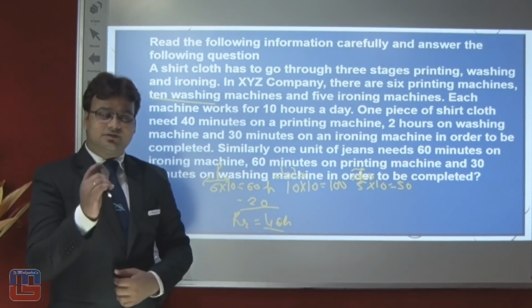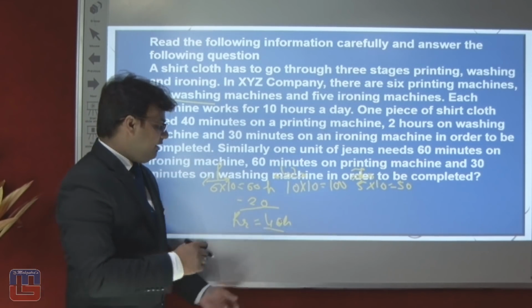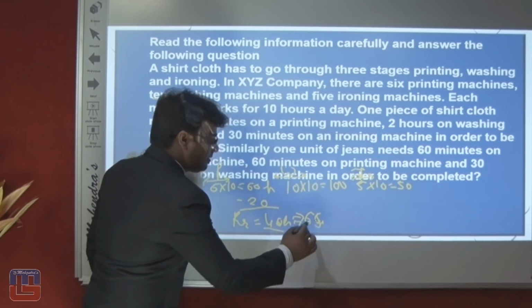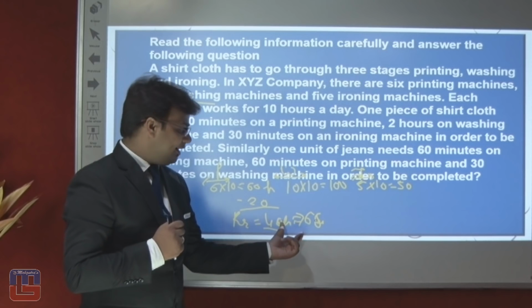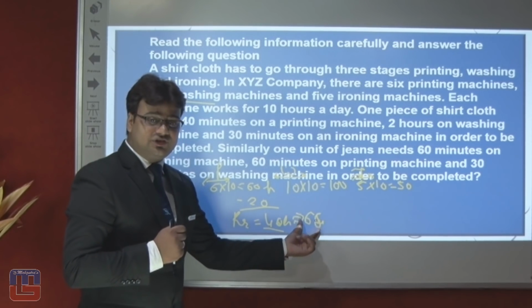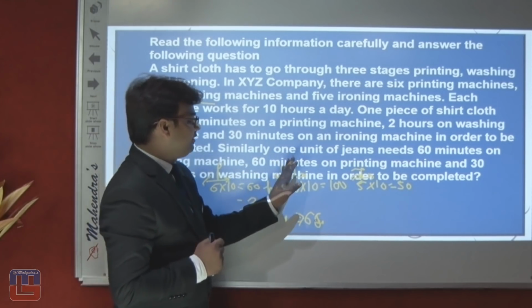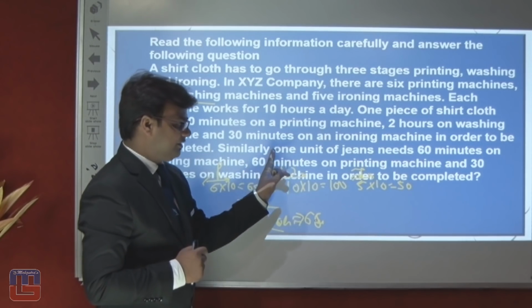In 40 minutes only one shirt can be printed, so in the remaining hours it can print 60 shirts, because we convert 40 minutes per shirt into hours. That means 60 shirts can be printed. And for the washing machine, 30 minutes per shirt.